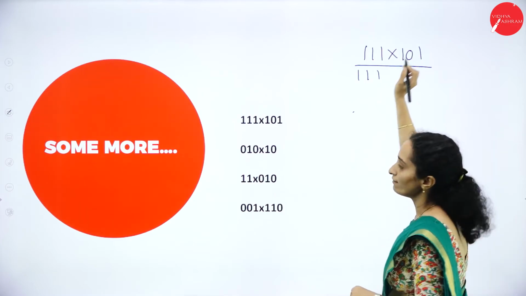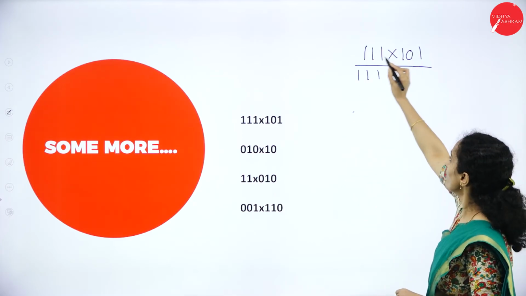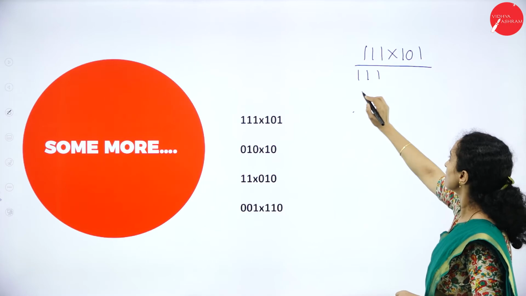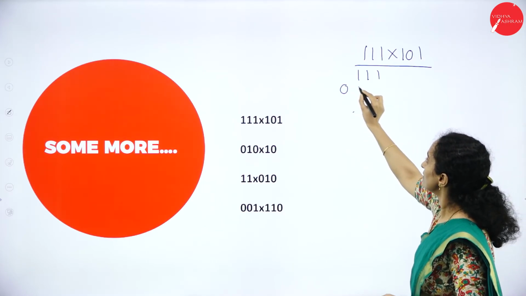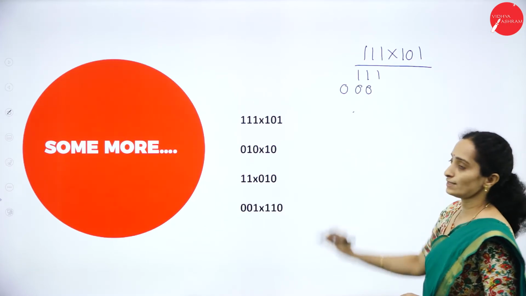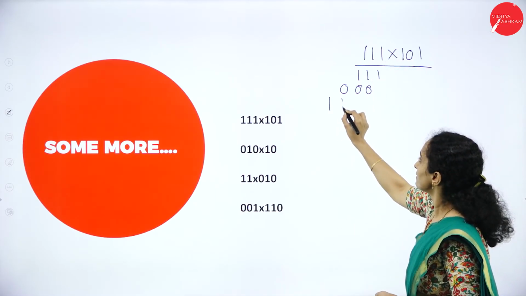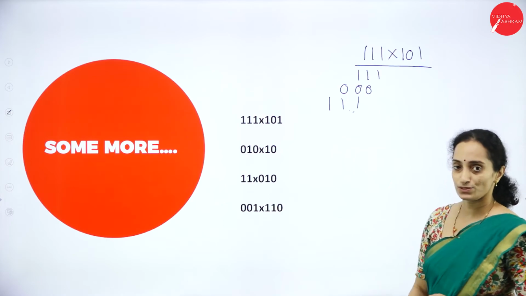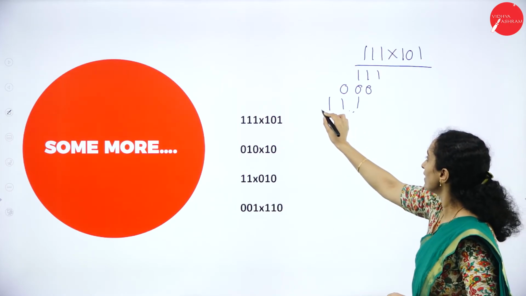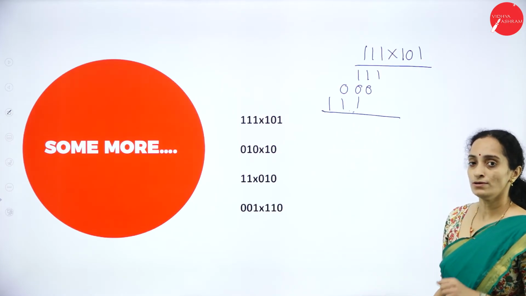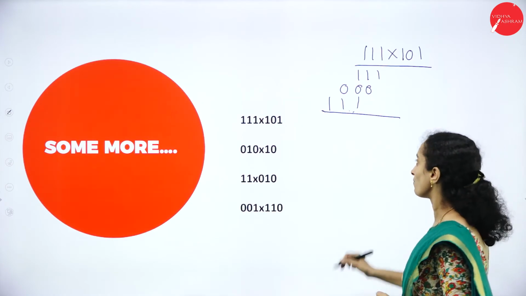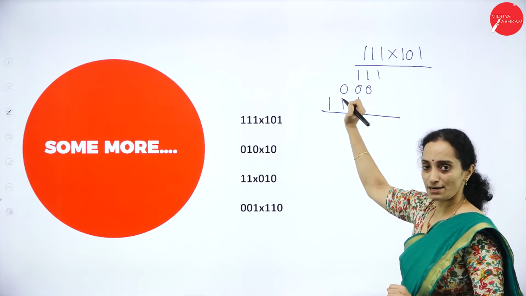Now, we have the next digit 0. Multiply this with 0, you will get 0, 0, 0. Third one, again, we will shift the value by 1 position. These are the partial products. Now, we have to perform the addition operation for these partial products.